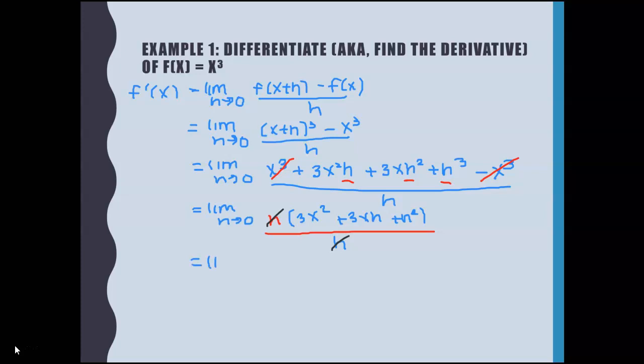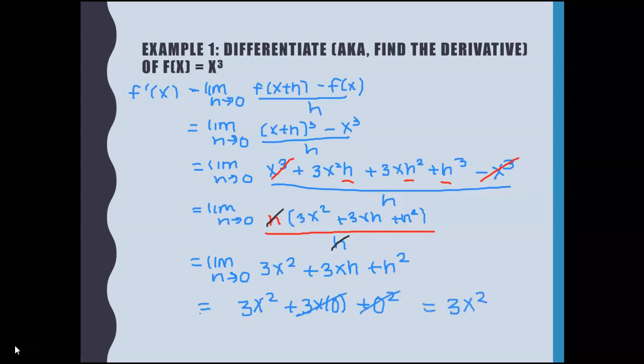And that leaves you with the limit as h approaches 0 of 3x squared plus 3xh plus h squared. Plugging in your 0 for h, we're left with 3x squared. So what that means is that the derivative of x cubed is 3x squared.